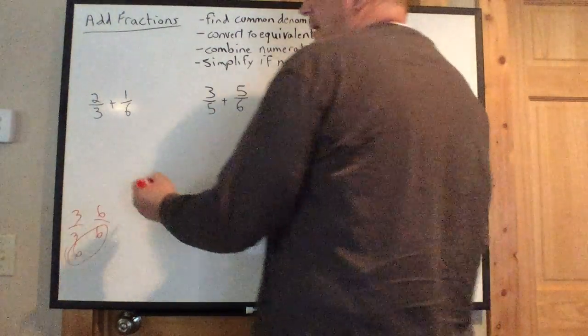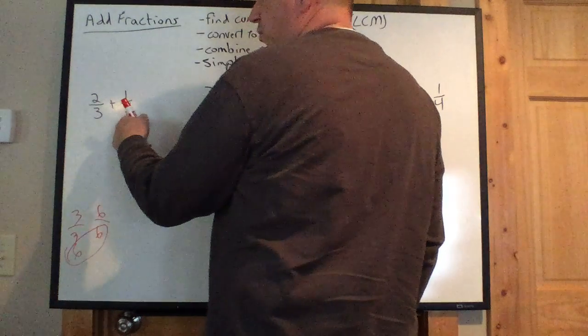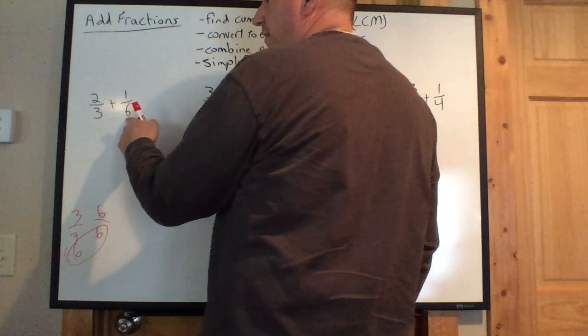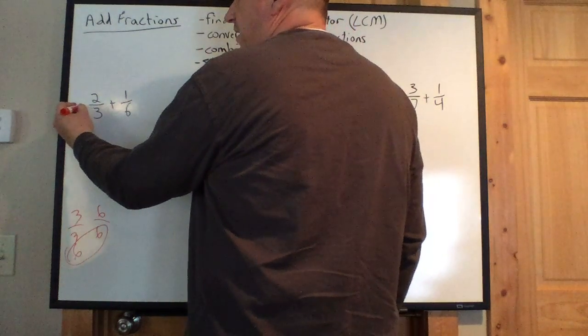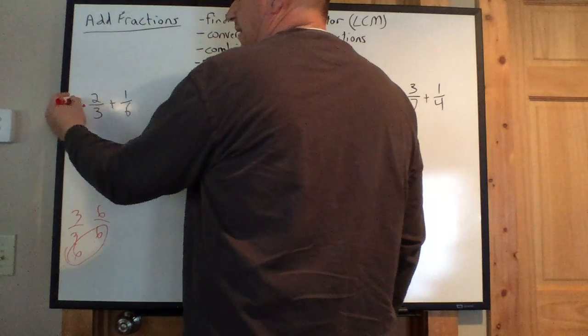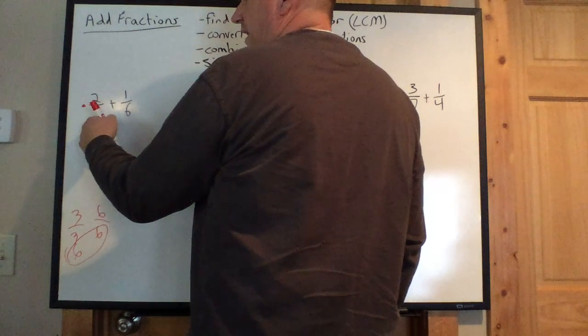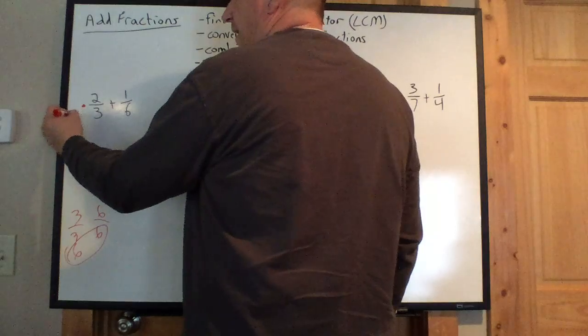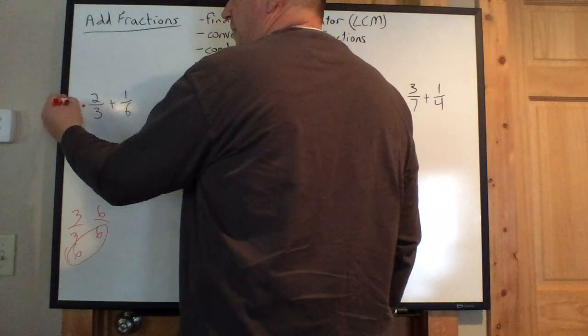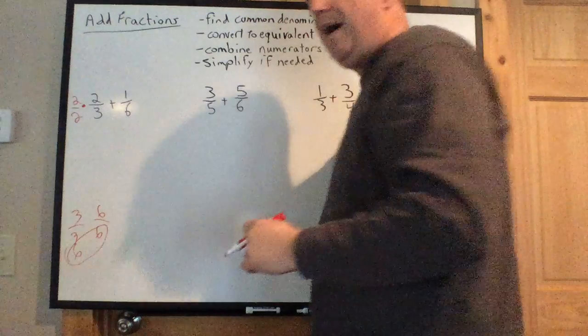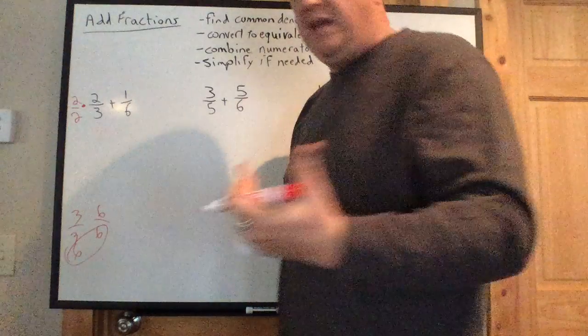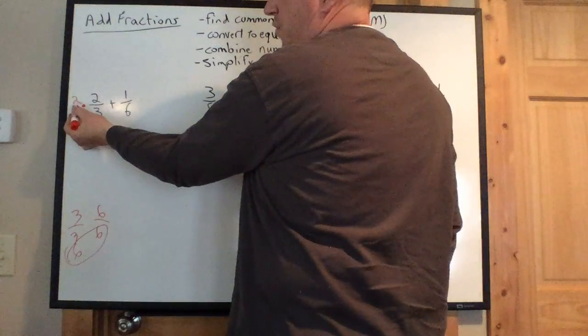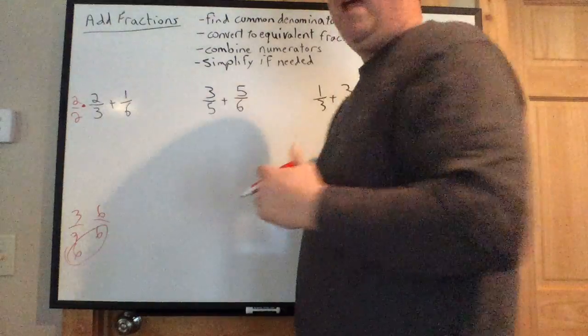So in this particular occasion, the right fraction already has a 6. The left fraction is not a 6, so we're going to multiply it. To get from 3 to 6, I multiply by 2. Whatever I multiply the bottom by, I also multiply the top by. We do this because the fraction I'm multiplying by, 2 over 2, has a value of 1.